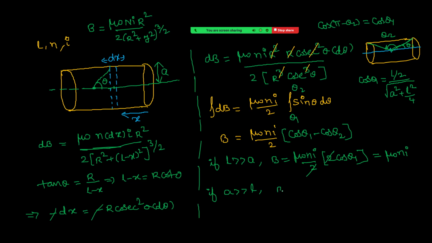Substitute here in the place of this one L by 2A. So mu naught Ni L by 2A, right? This is what we have to prove. So in case of long solenoid, this is the result. This is now the general one, okay? So you can remember mu naught Ni by 2 into cos theta 1 minus cos theta 2, right? Let us see the next one.